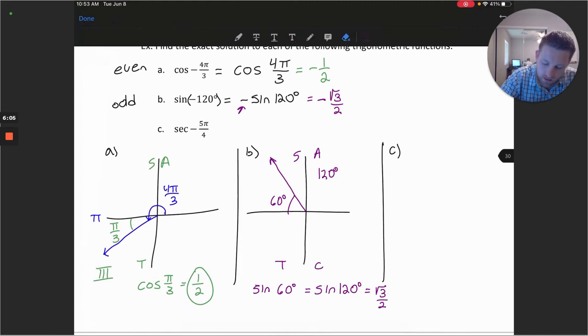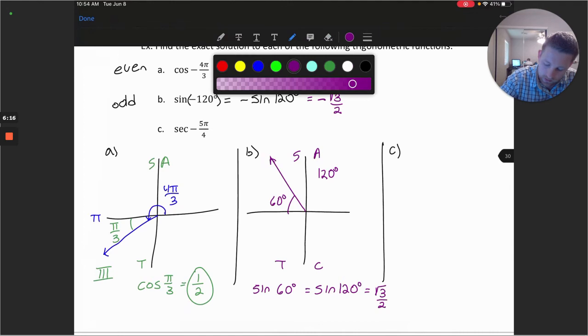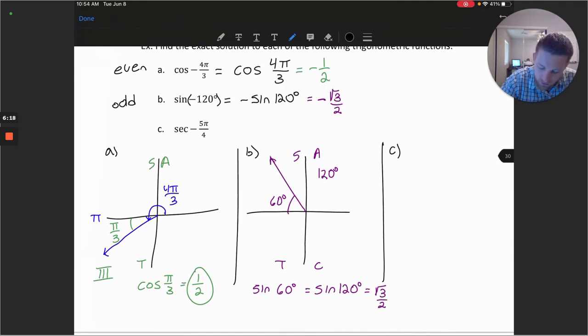The last example we have is the secant of negative 5 pi over 4. Well, the secant function we'll have to do a little bit more work with, it is 1 over the cosine. So this is 1 over the cosine of negative 5 pi over 4.